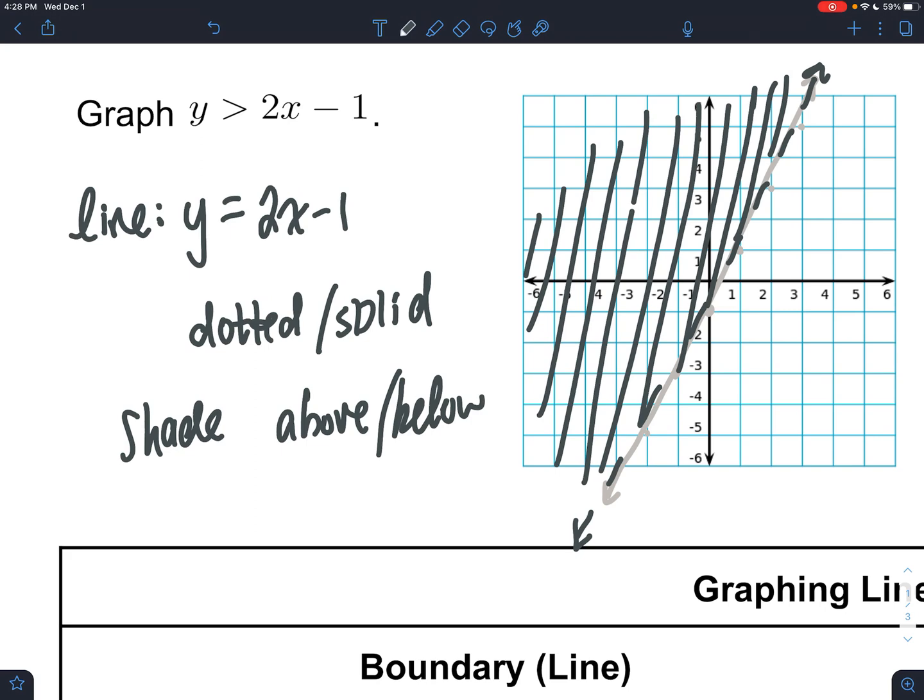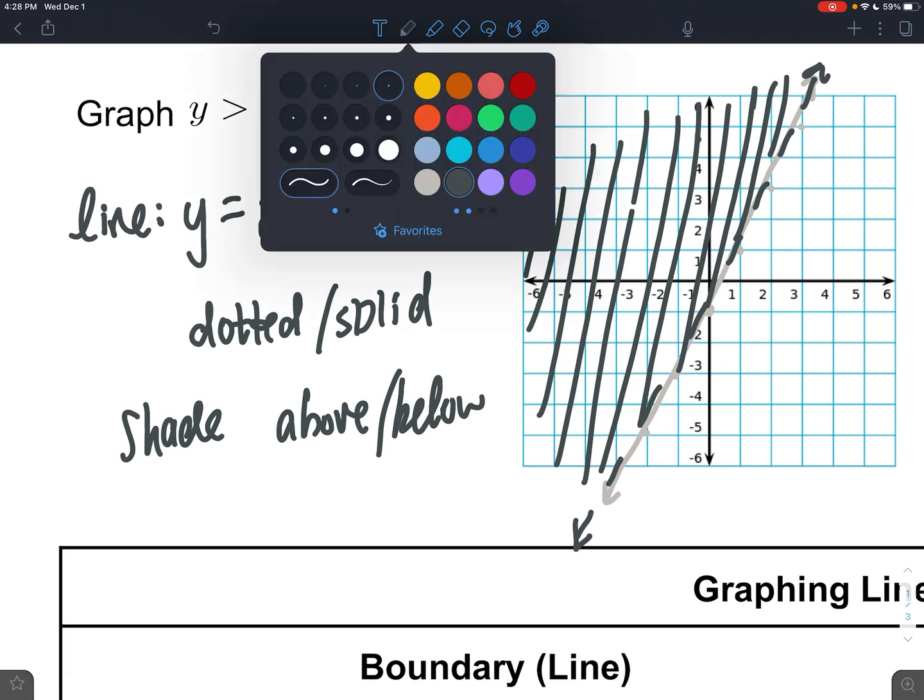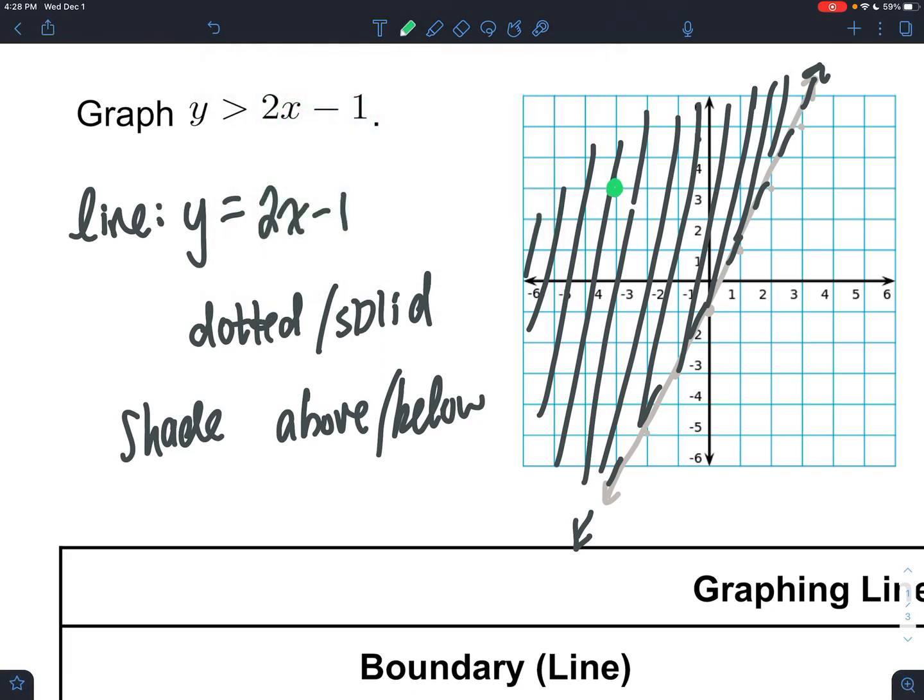I just do these long lines as shading. But guys, what this shading means is that points inside that shaded region, like -3, 3, are a solution of the inequality. If you plug -3 and 3 into here, from this point, -3, 3, you will get a true statement. 3 is greater than -7.